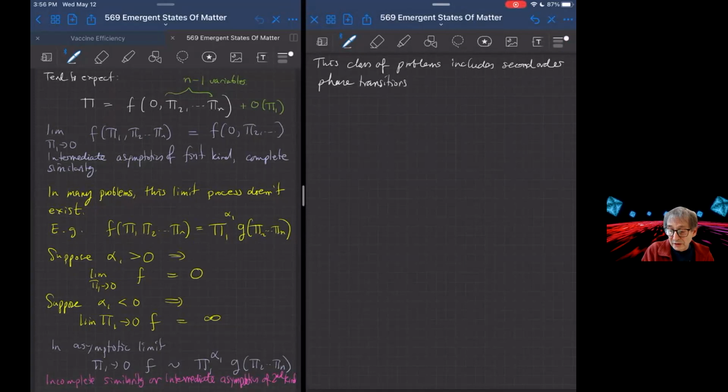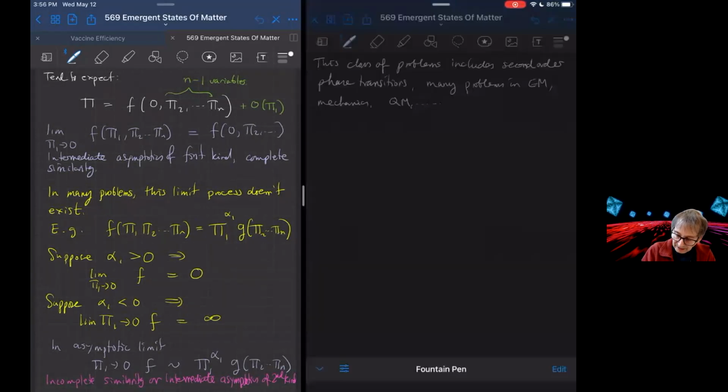And it also includes many problems in electromagnetism, mechanics, quantum mechanics, etc., etc. In fact, incomplete similarity is more the rule than the exception. So if that limiting process doesn't exist, then what actually happens?